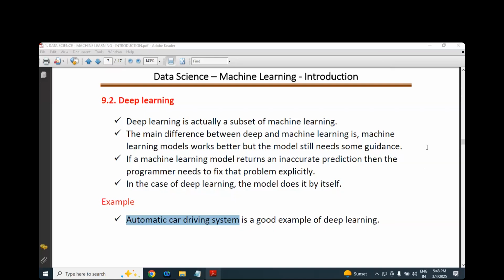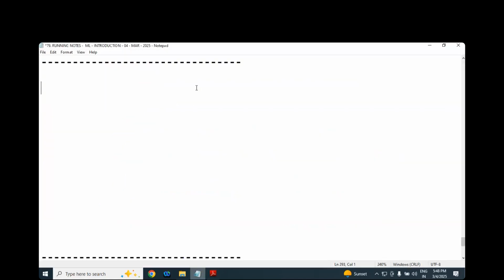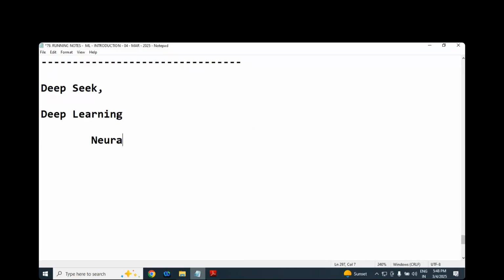Are DeepSeek and deep learning connected? Deep learning, neural network. Please understand this one.